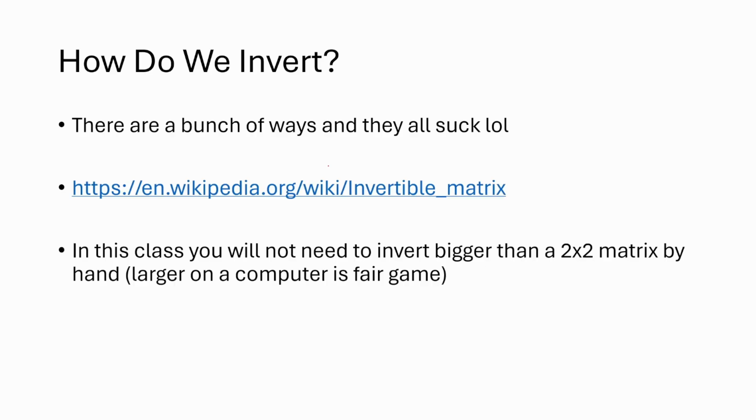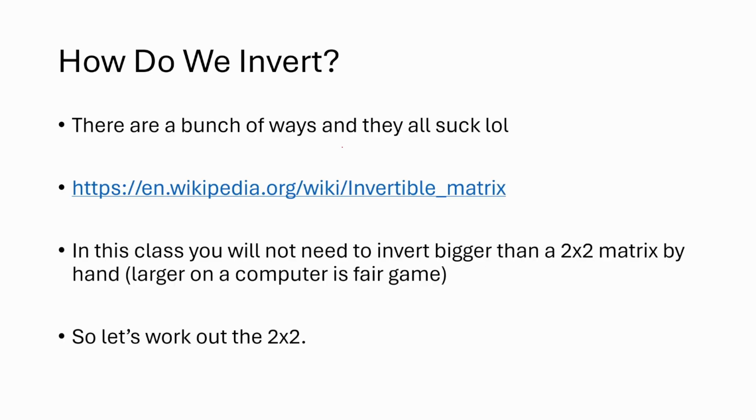That's a pretty common thing in the real physical universe we inhabit. So anyway, we're going to do 2x2s by hand. Bigger than that, if you want to go learn about it, great. I'm fully in support of going and learning more things, but I will not require you to invert anything bigger than a 2x2 matrix by hand.